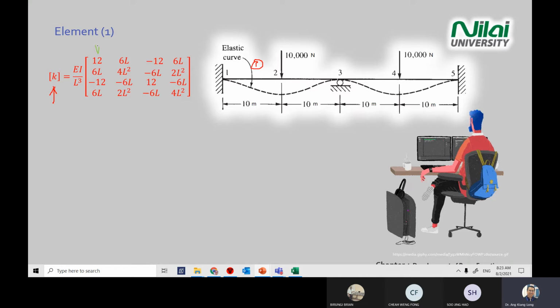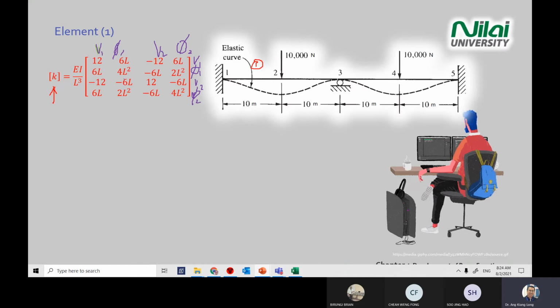For example, the first one is V1, rotation 1, V2, rotation 2.